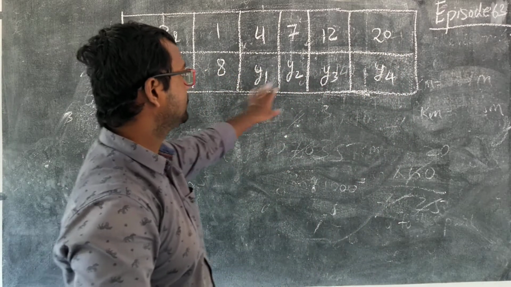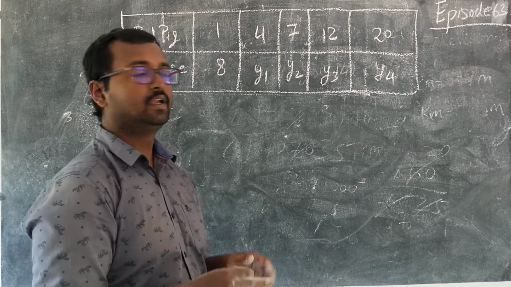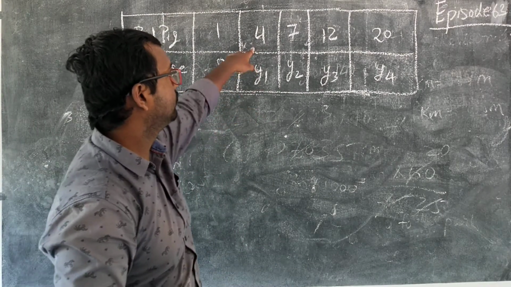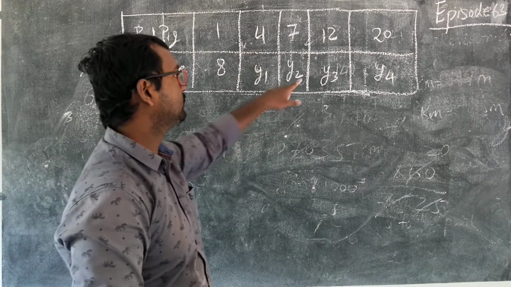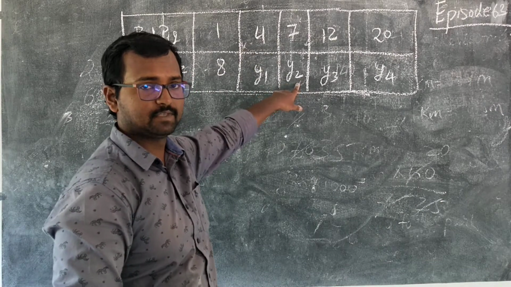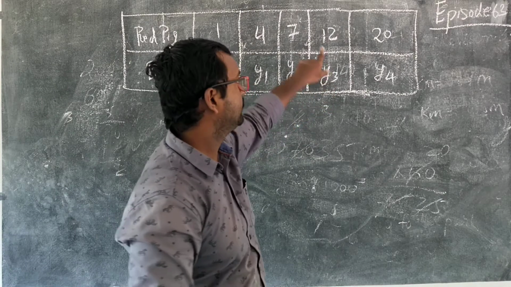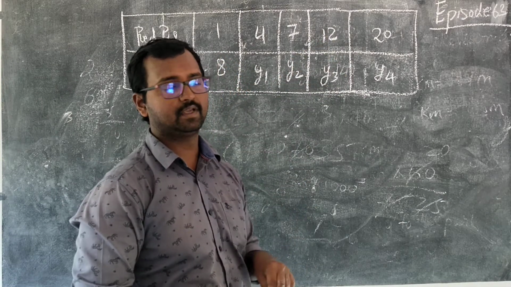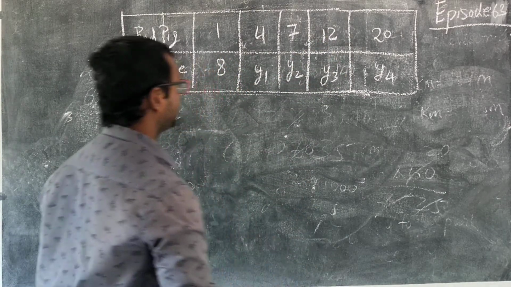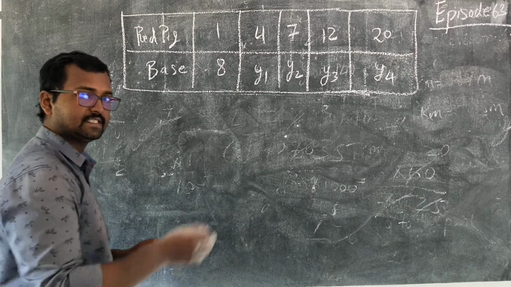So these values are missing. What part of base must be added with 4 parts of red pigment? With 7 parts? With 12 parts? That is missing. Okay.